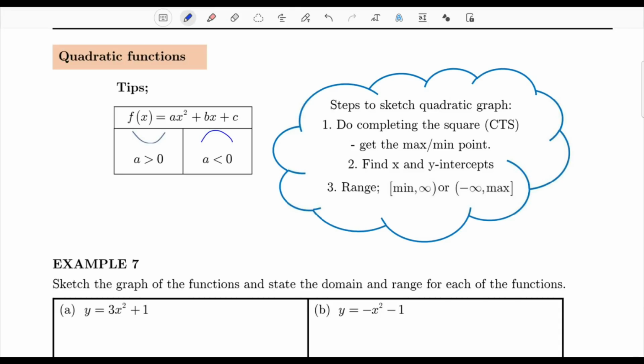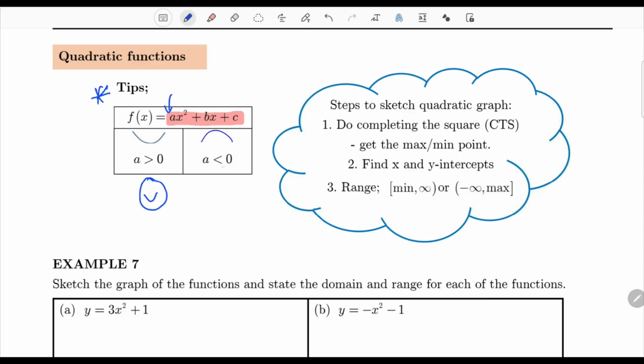Right, quadratic functions. So these are the tips. In general, the equation will be ax squared plus bx plus c. As you all know from previous knowledge, if your a is positive, you have the smile curve, the smiley face.